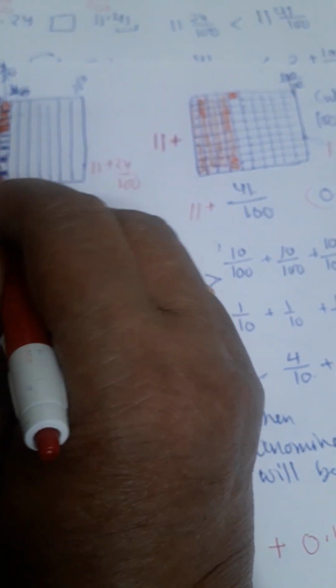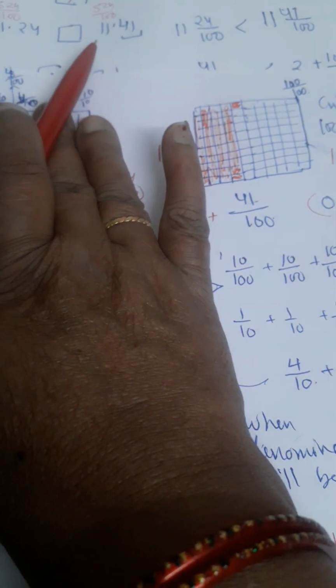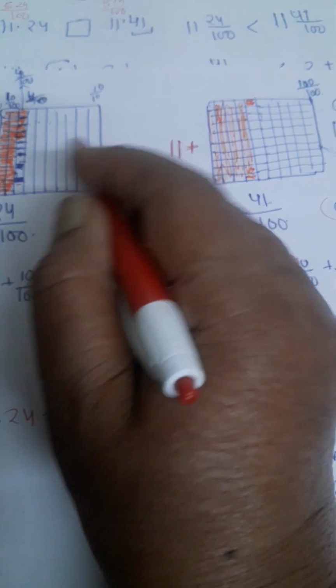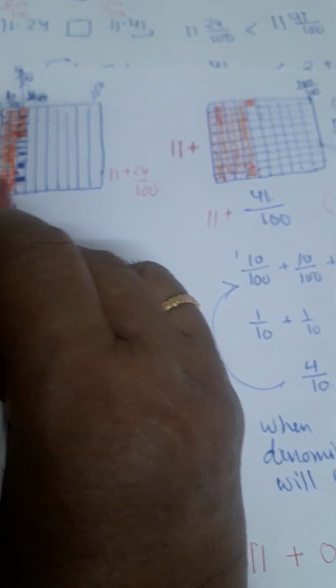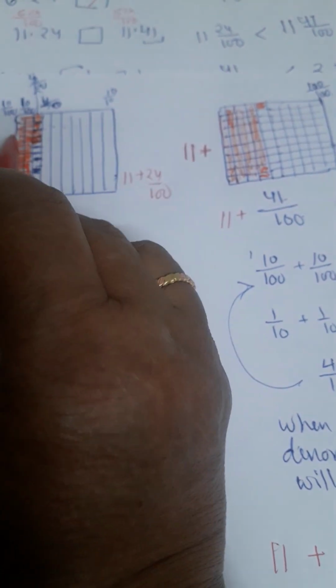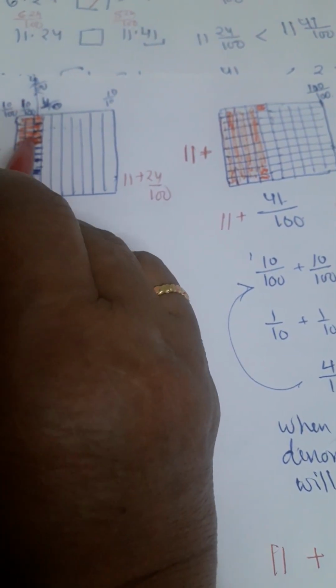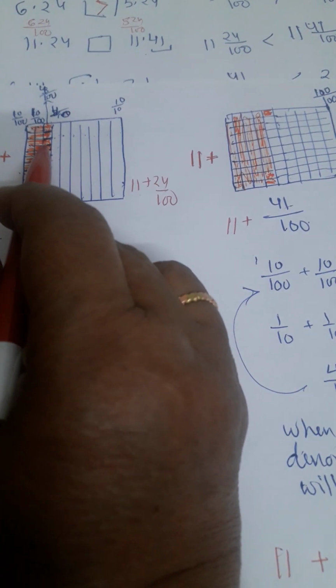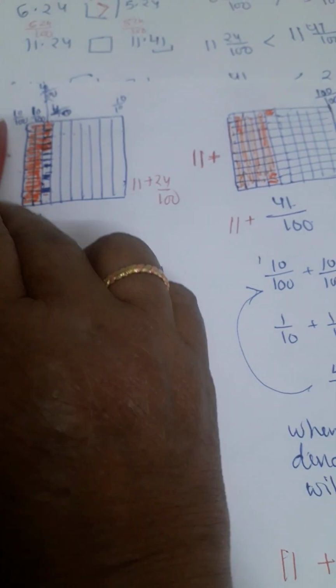I cut each 1/10 again into 10 pieces, so these are hundredths. The others I have not cut; they are all 1/10, 1/10, 1/10. Only this one I cut into 100 pieces. So this is 10 hundredths, this is 10 hundredths, and this is 4 hundredths: 10 plus 10, 20, plus 4, 24 hundredths.